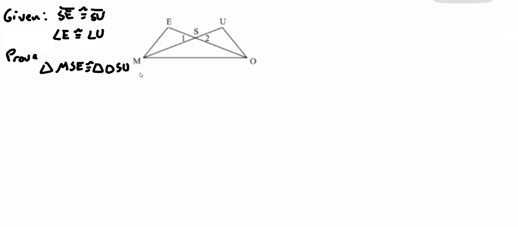So we're trying to prove that the triangle MSE is congruent to OSU, which are these two triangles on the side. Be careful when you've got multiple triangles in a picture like we do here. That can get a little tricky and might send you down the wrong path as you're trying to determine what you should be doing. So I'm looking at this and saying, okay, I've got some given information here.